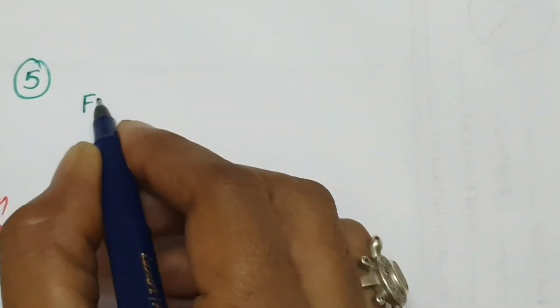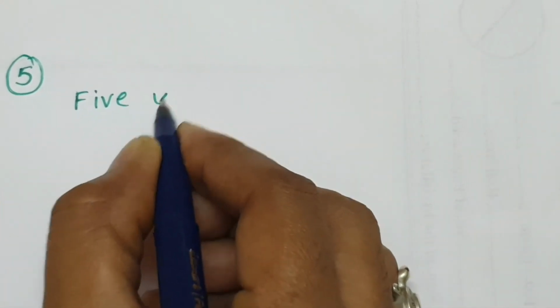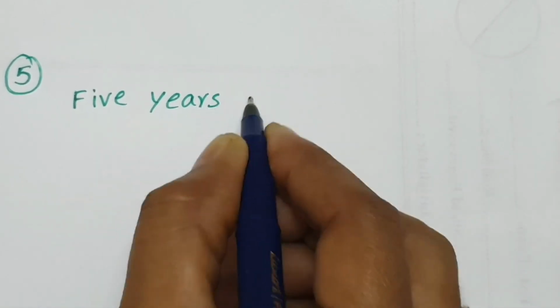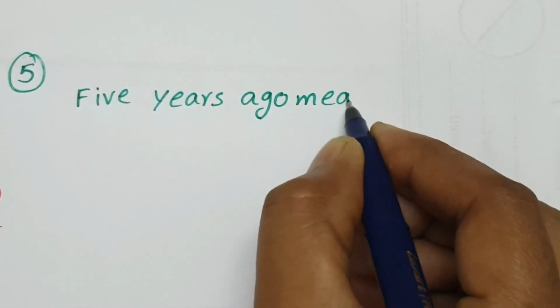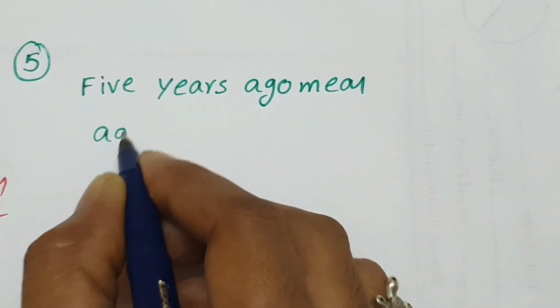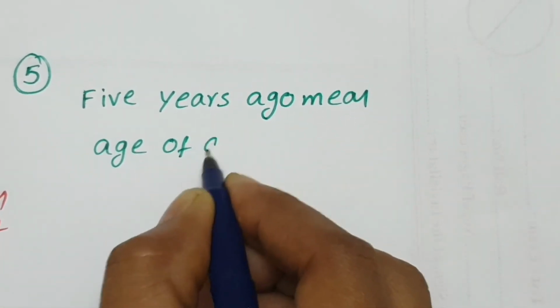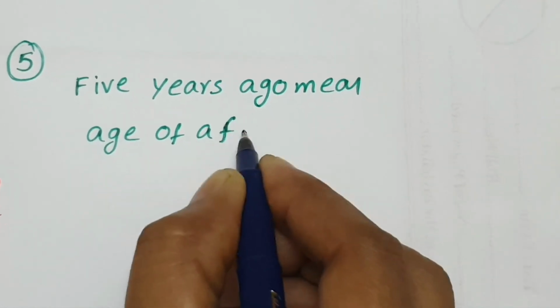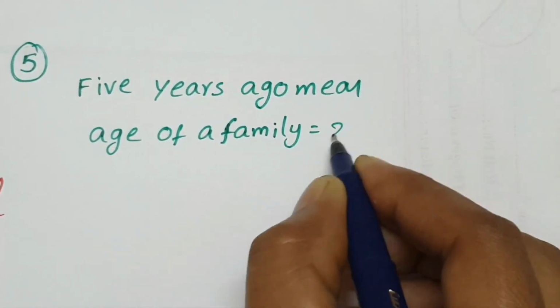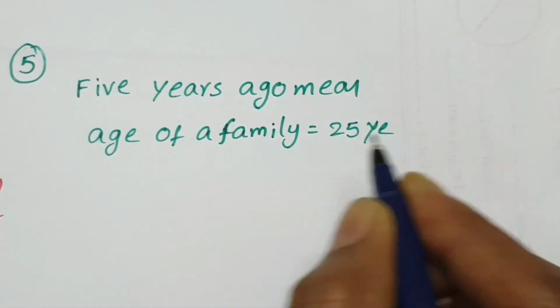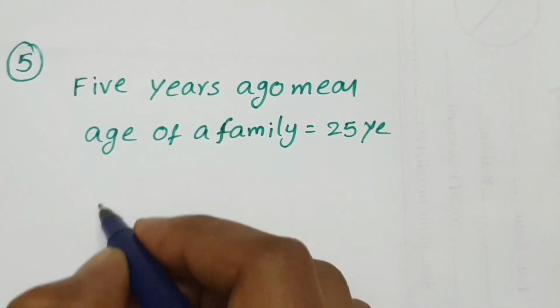Like that, 5 years ago the mean age of a family equal to 25 years.